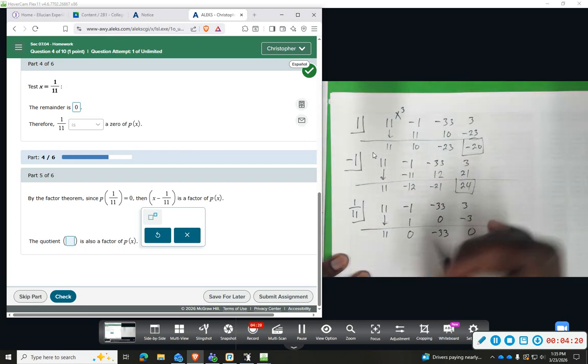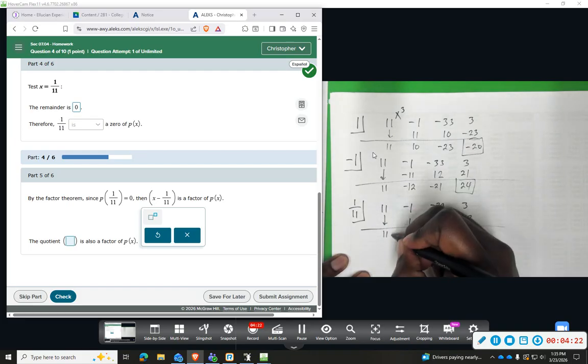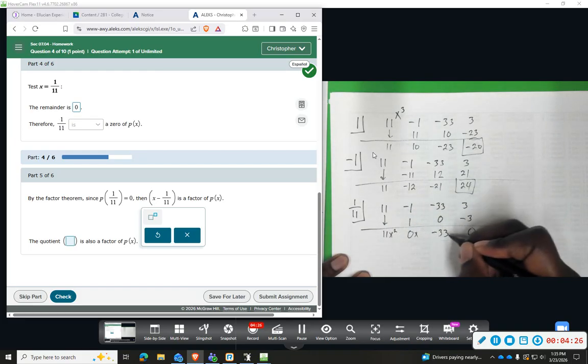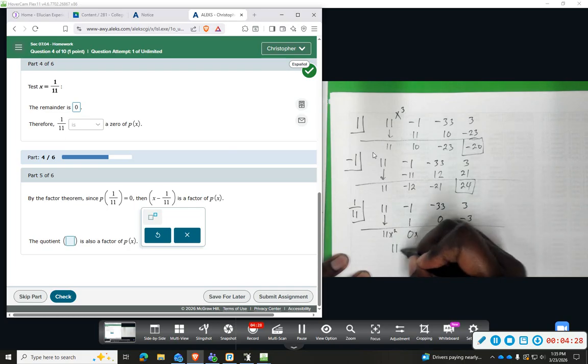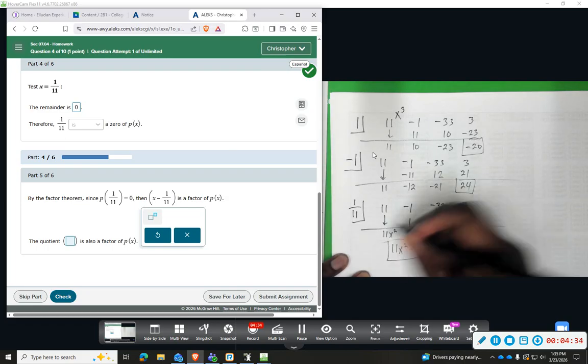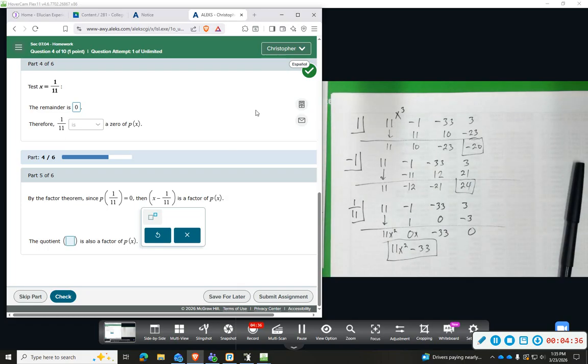We reduced that by 1 degree, so this will be 11x squared, 0x minus 33, so our quotient is 11x squared minus 33. That's going to be 11x squared minus 33.